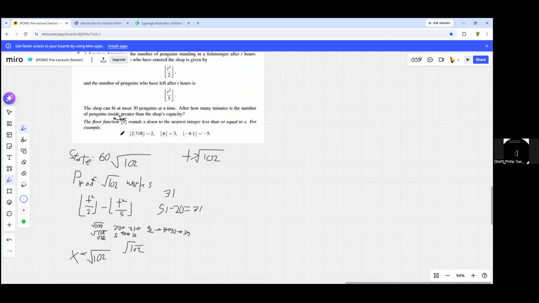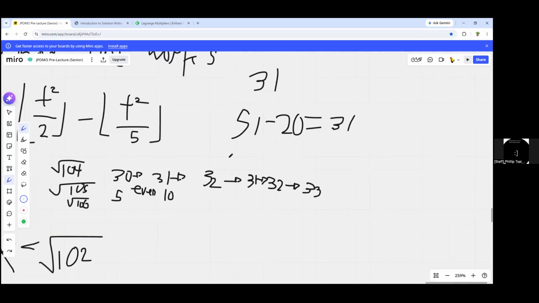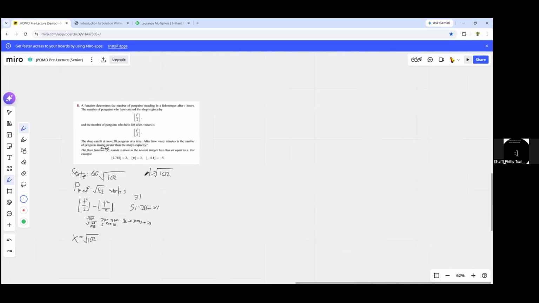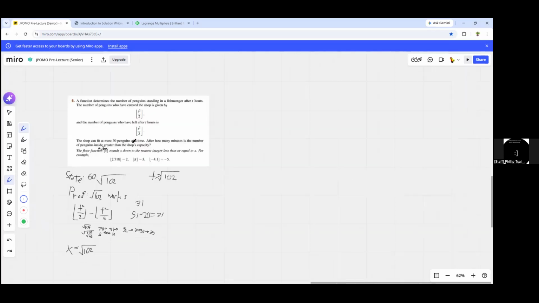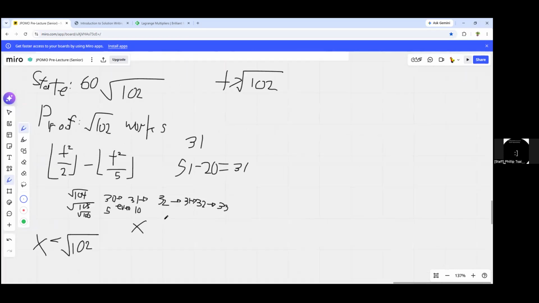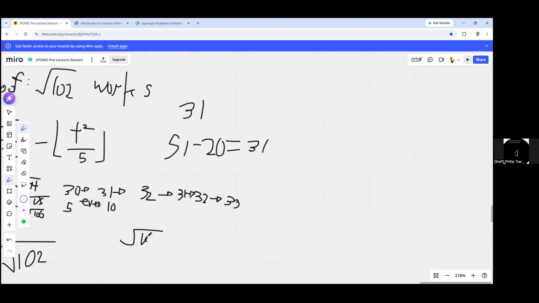So that's already enough for the shop, the shop can still handle that. So if it's any x less than square root of 102, even infinitesimally less, you have some x like square root of 102 minus epsilon, if you're familiar with that. Epsilon is infinitesimally close.